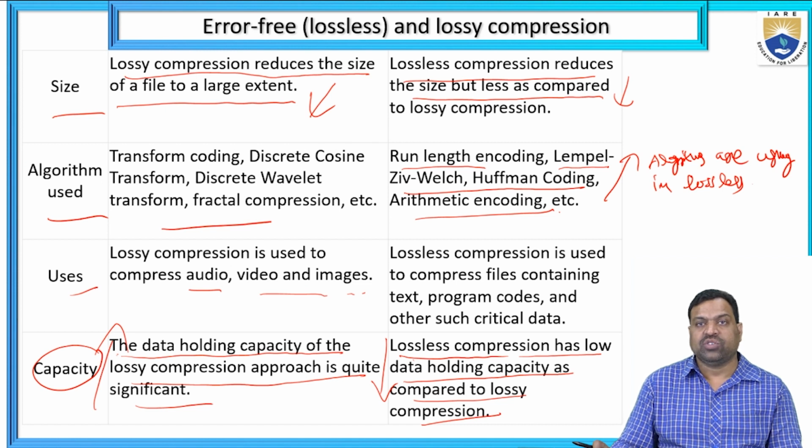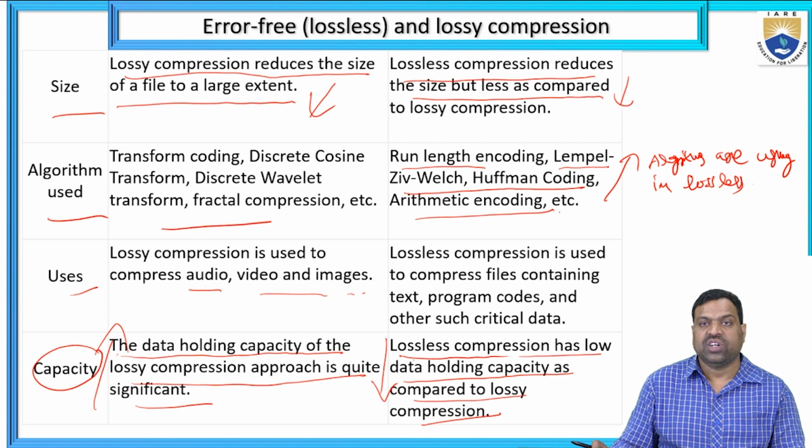And different types of algorithms are used in lossy and lossless. Transform coding, discrete cosine coding, discrete wavelet, and fractal compression techniques are the lossy compression algorithms. Run length encoding, Lempel-Ziv, Huffman coding and arithmetic encoding are the lossless encoding algorithms.